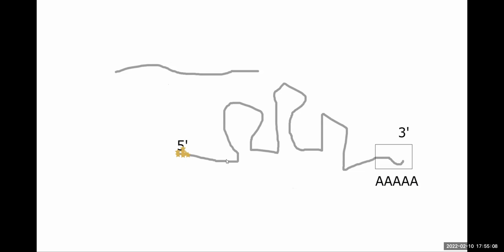Now, let's say there is a human cell, and within the cell there is a nucleus. Within the nucleus there is DNA, and DNA will transcribe into mRNA, tRNA or rRNA, and that will move to the cytoplasm.